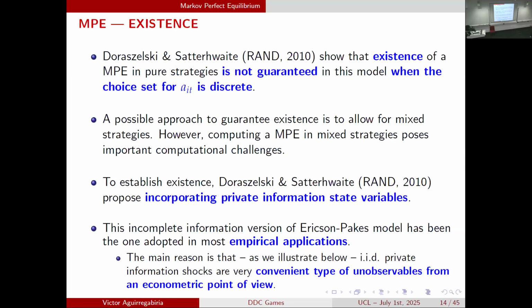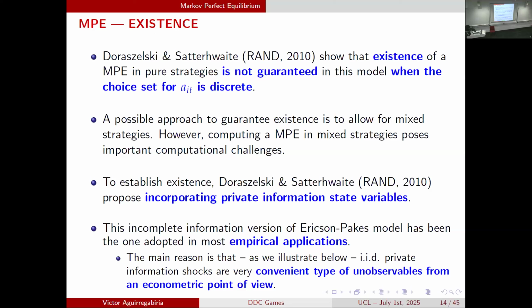Okay? Then, of course, we could guarantee an equilibrium if we allowed for mixed strategies, but mixed strategies in dynamic models are tricky. Then instead of considering mixed strategies, they consider what other papers before Doraszelski and Satterthwaite, in the context of dynamic empirical games, considered: incorporating private information. Okay? And we will see how we incorporate it. Okay?